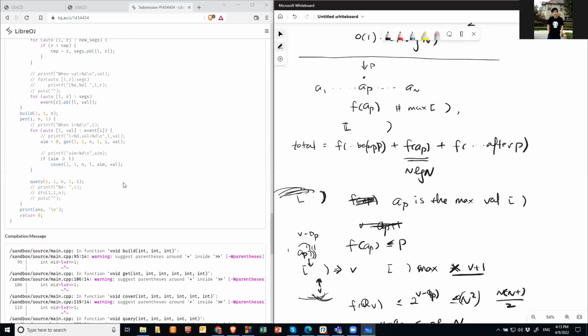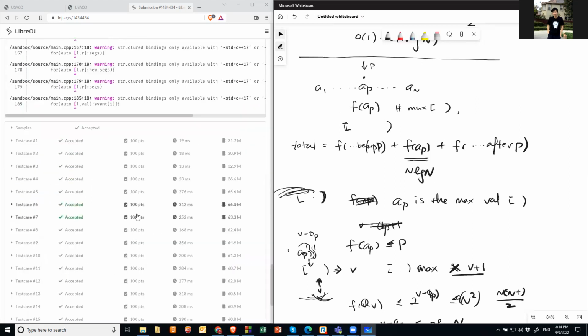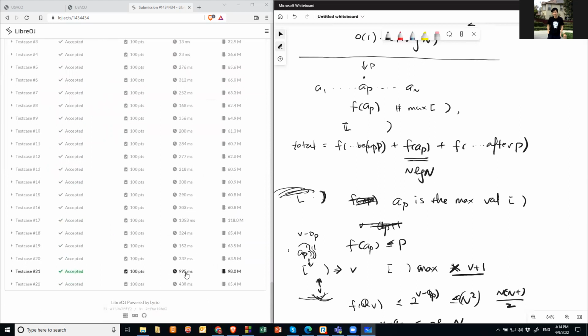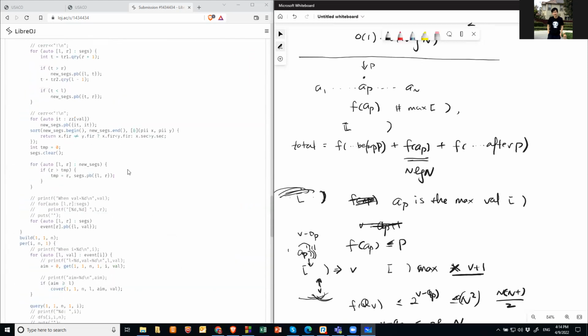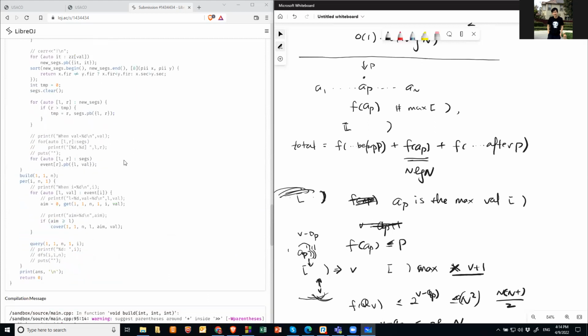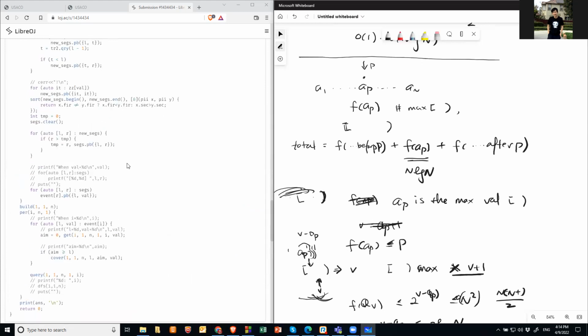I give you as homework to read this, and the speed is also pretty good. It barely reaches 1 second, 995 milliseconds. So the homework is for you to read this code and understand how it was implemented using a segment tree approach.